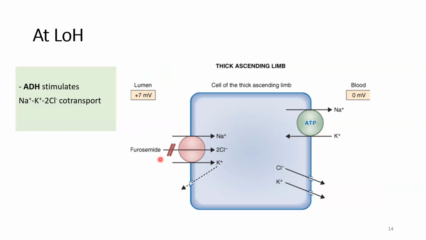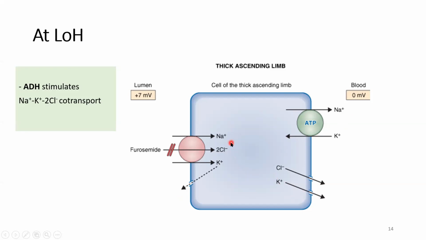So all four ions move from the lumen into the cell. The sodium and chloride are basically reabsorbed to the interstitium. Potassium can be secreted and is also reabsorbed here.